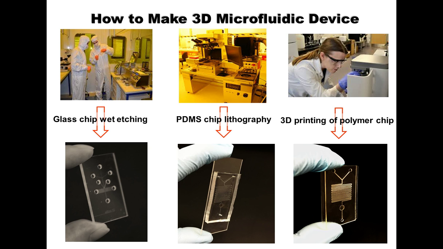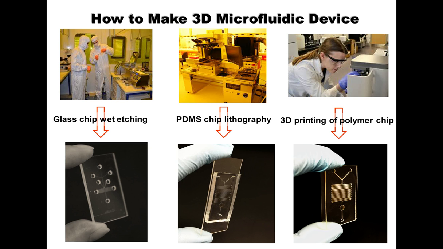And there's a cheaper solution: use the PDMS polymer material to make the microfluidic chip. But for the molding of the PDMS, you need to use UV photolithography, which is very expensive equipment set up in the clean room too.